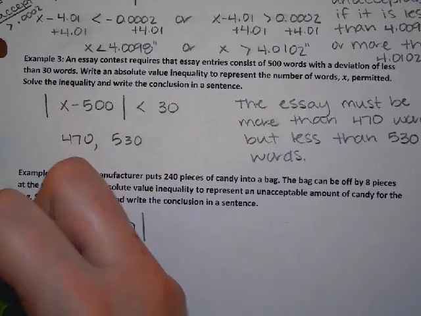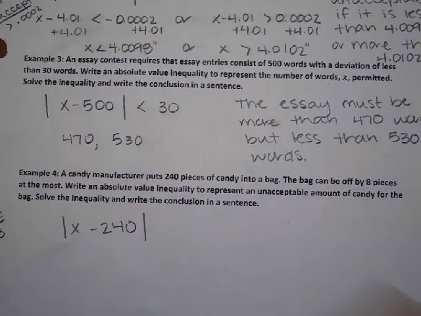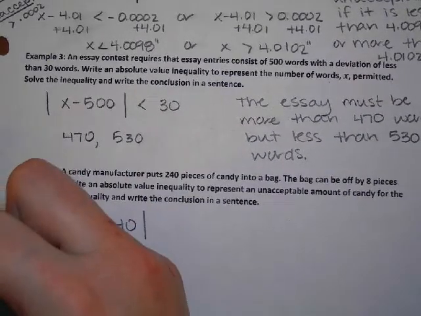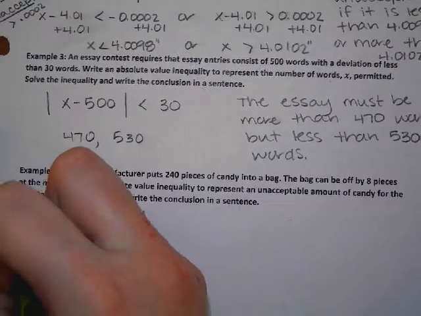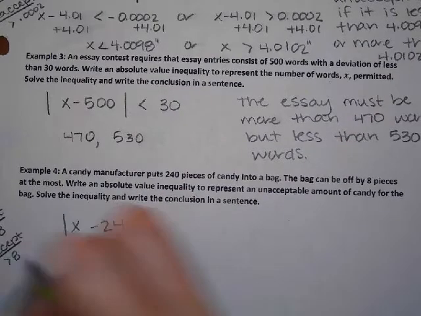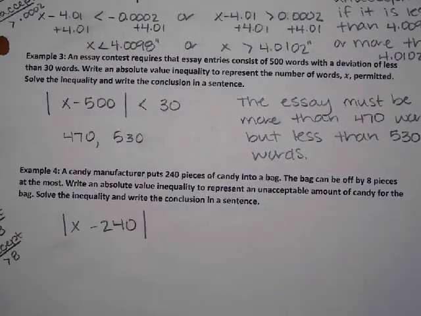So we're going to say less than or equal to 8 would have been acceptable. Eight pieces at the most. So what would be unacceptable? You would just flip the sign, so you'd say greater than 8. Does that make sense?